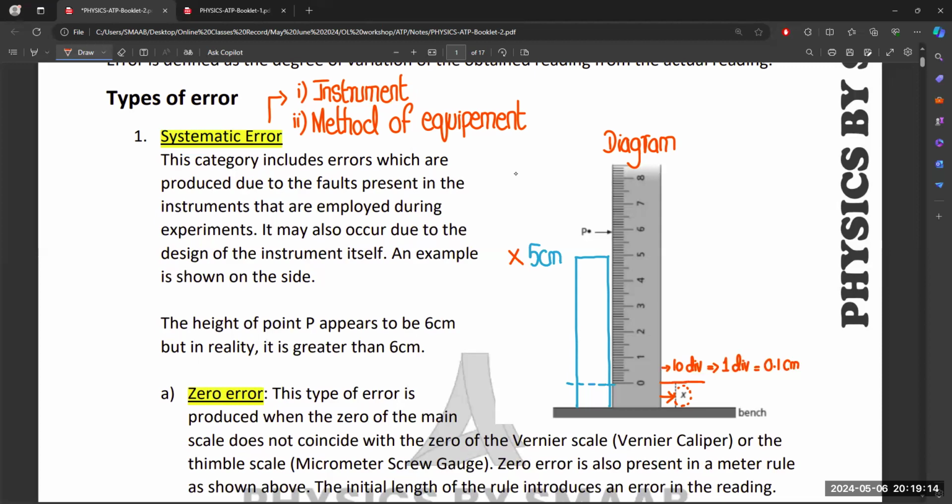So then you will get an accurate reading starting from zero until this point. So 6 centimeter is the actual length of this rectangular box. So these are very minor things that you have to keep in mind while taking a reading from the instrument.